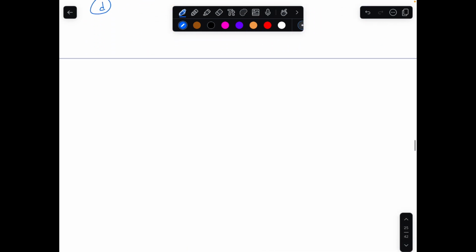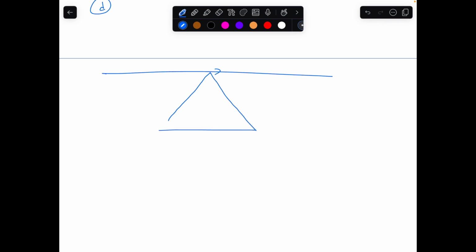Okay. So this is the straight wire. Now suppose the current is I1.